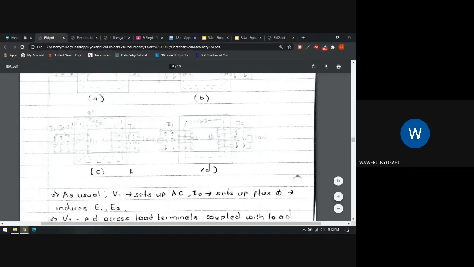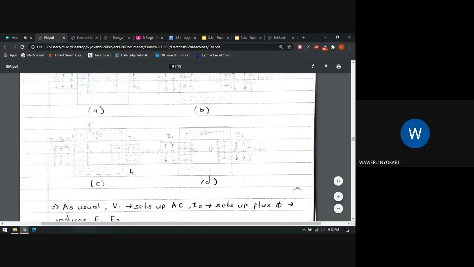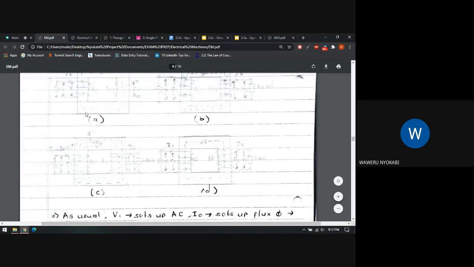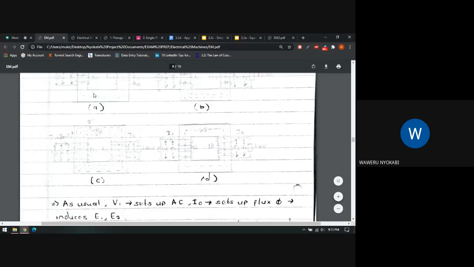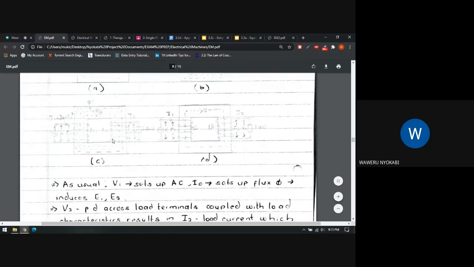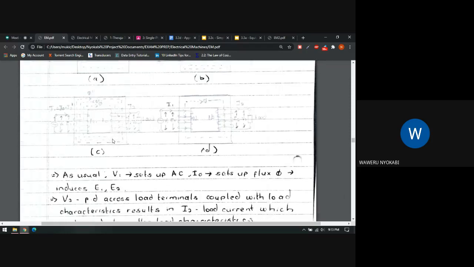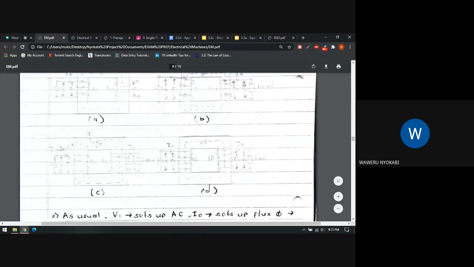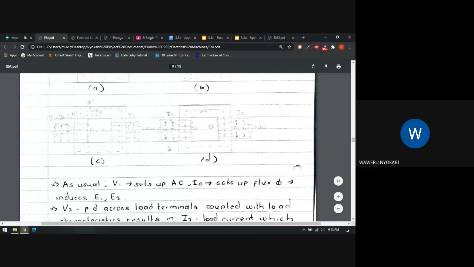So as usual, V1 sets up an AC current, I0, which sets up a flux that induces E1 and E2. Now, because there's a load, there's a voltage V2 across the secondary terminals.